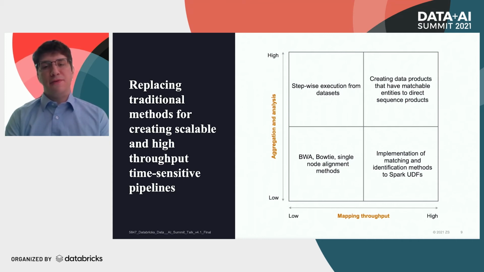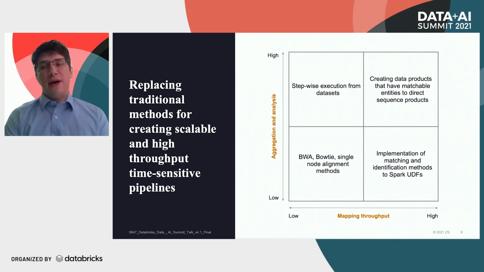In the bottom left corner, we see traditional mappers like the Burrows-Wheeler Aligner, Bowtie, and these all happen on single alignment or single node alignment-based infrastructure, things that aren't able to parallelize. And we see that in the lower category as far as being able to aggregate data and having a high amount of throughput.